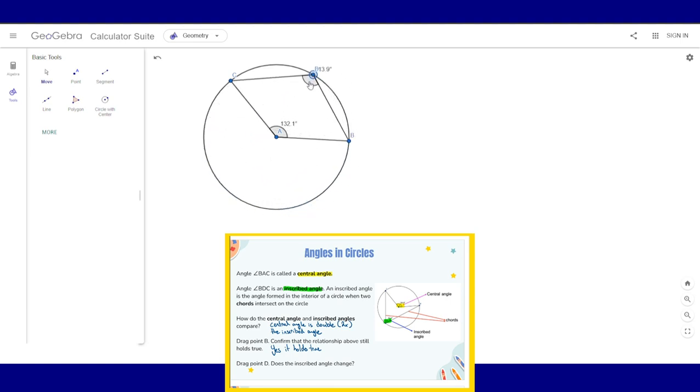In this case, again, it's something different. If we were to look at the other side, it might be double. But again, anywhere where we still have our chords, does the inscribed angle change?